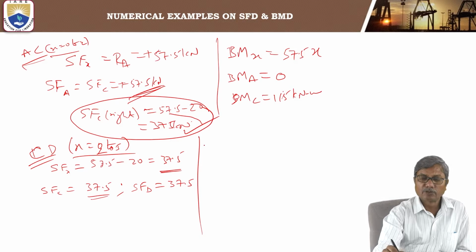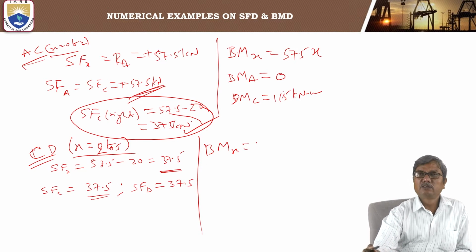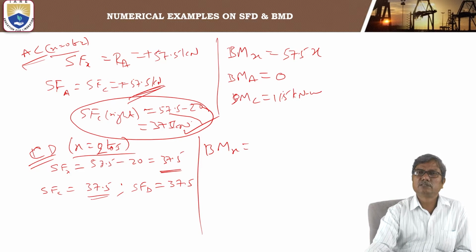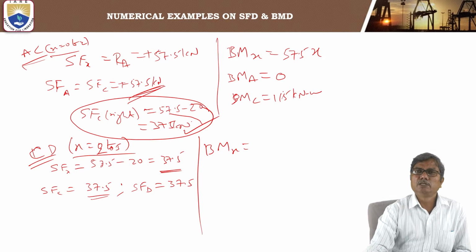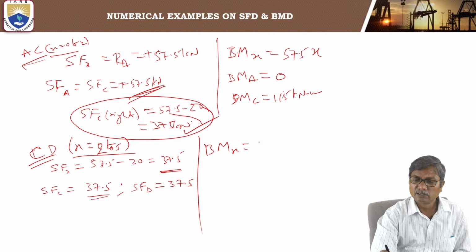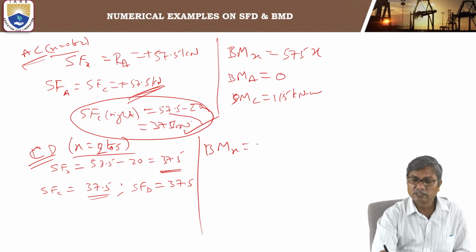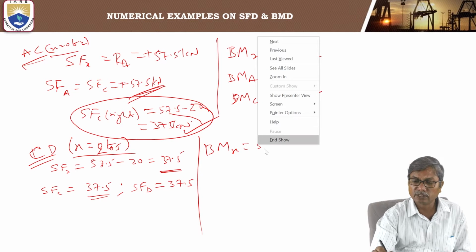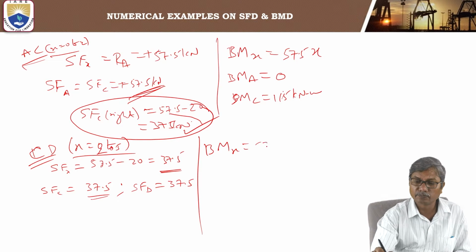Next, the bending moment at X for the section between CD, considering the left hand side, is RA, that is 57.5 into X minus 20 into X minus 2.